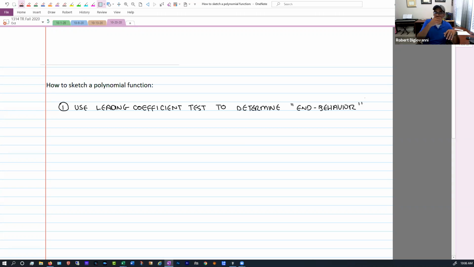So all we're going to do is look at the degree and the leading coefficient. It's going to tell us what the left and right hand sides are doing. Okay. Once we do that, we're going to go to step 2. And step 2 is usually the hardest step.